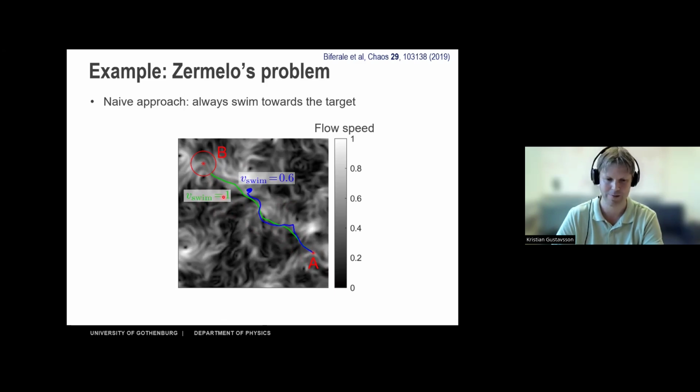So when we have a swimming speed that's comparable to the maximum flow velocity, then we can ignore the flow. But if it's smaller, then we tend to get stuck at fixed points or limit cycles. So we can't just move towards the target because we get stuck in traps. So that's where the reinforcement learning can be helpful.